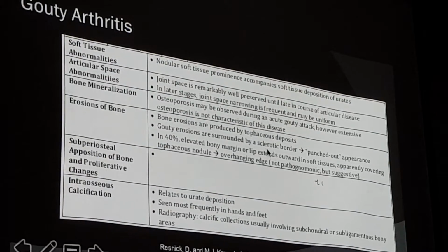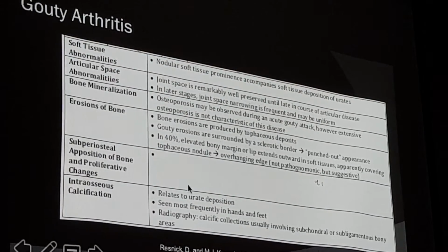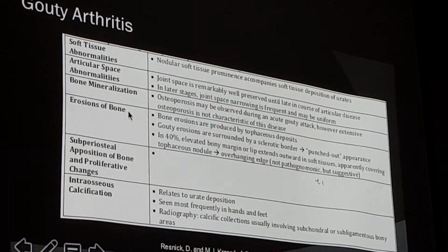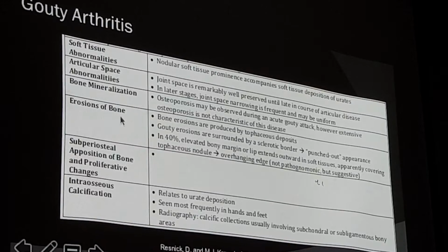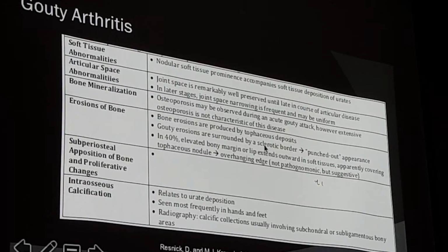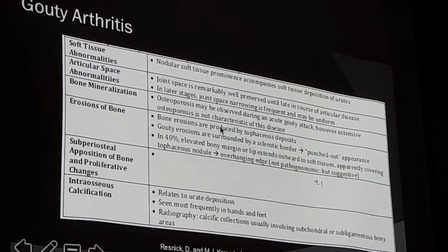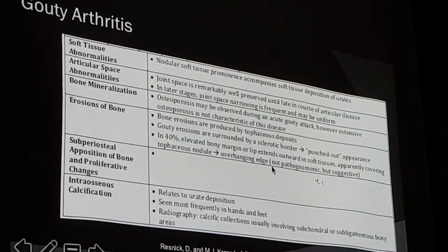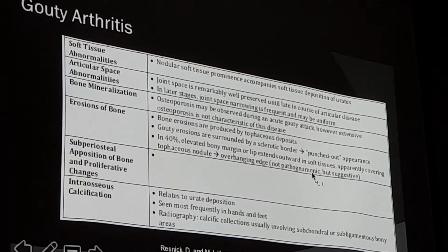Of the many different radiologic abnormalities, maybe the most common and the most characteristic are the erosions of the bone, where you have a punched-out or rat-bitten appearance. So for gouty arthritis, punched-out, rat-bitten is basically the hallmark.